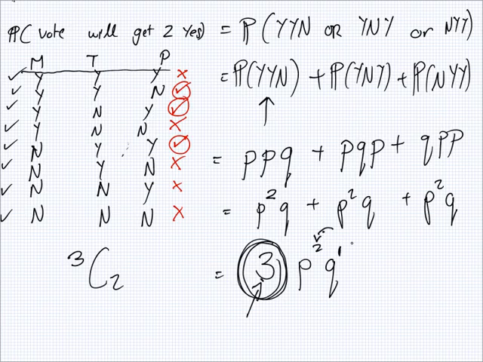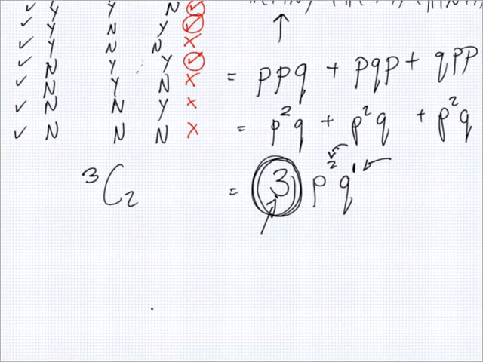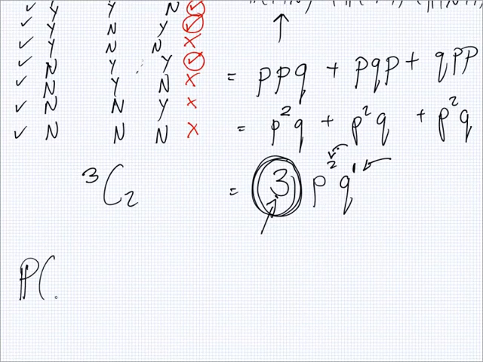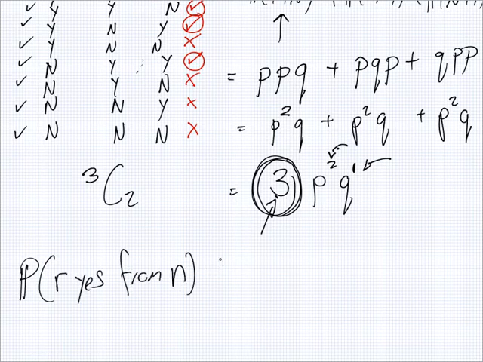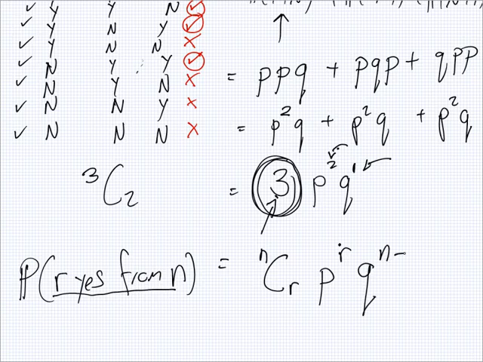And why is there a power 1 here? Because you want 1 no. So in general, if you want, for example, r yeses from n people, the rule would be nCr, p to the power, what power would I have here? In this example, r. And then for the no's, n minus r.